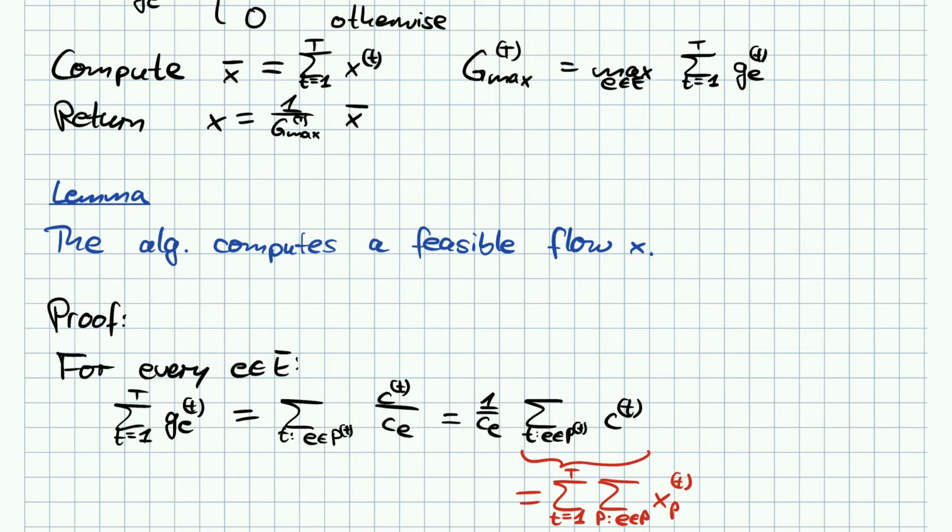Why does this work? Well, actually, this x_p^t is 0 unless p is exactly p_t, and then it is c_t. So by just the definition of x_p^t, this is exactly the same thing.